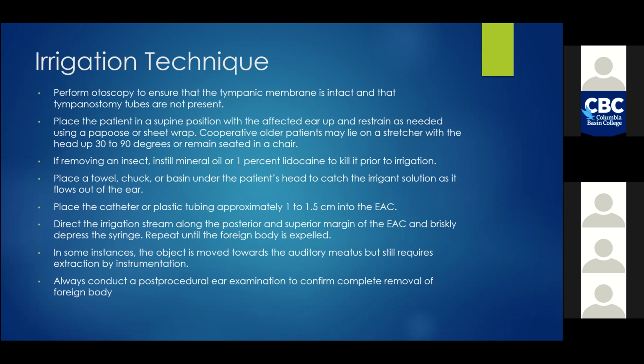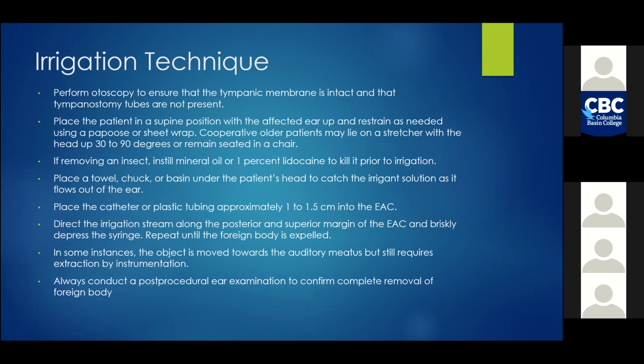And then you're going to place the catheter or the plastic tubing approximately 1 to 1.5 centimeters into the EAC. And then you're going to irrigate, and you want to have the catheter tip aimed along the posterior and superior margin of that ear canal and briskly flush the syringe.